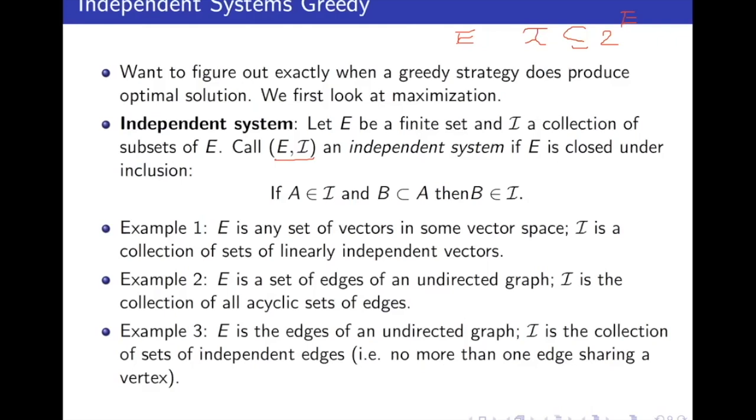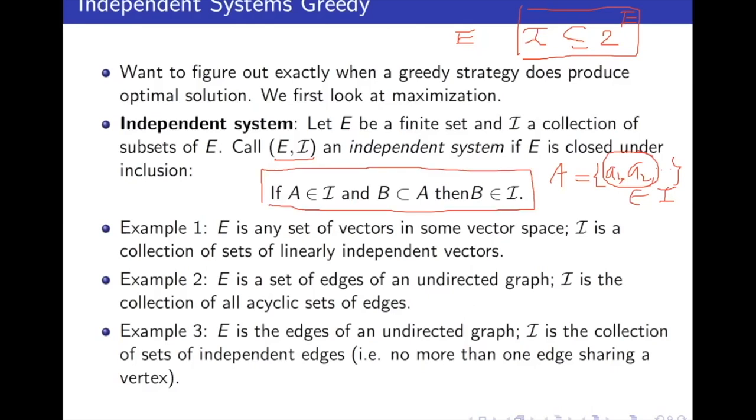Meaning, if A is in I and B is a subset of A, then B is also in I. So for instance, I is a set of subsets of E, which is a subset of the power set of E. If A contains several elements and is in I, then any subset of A, for instance A1 and A2, is also in I. That's what it means to be closed under inclusion.